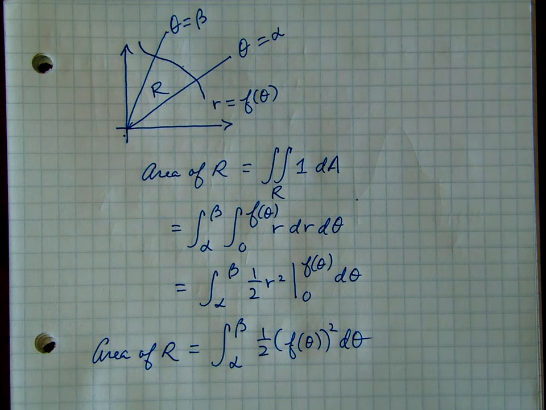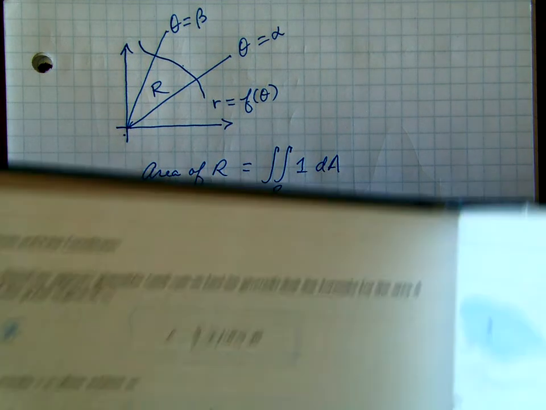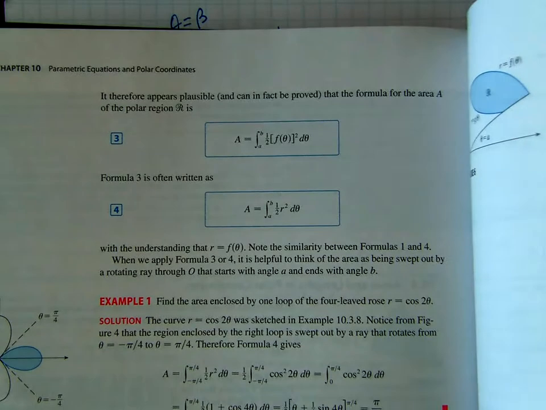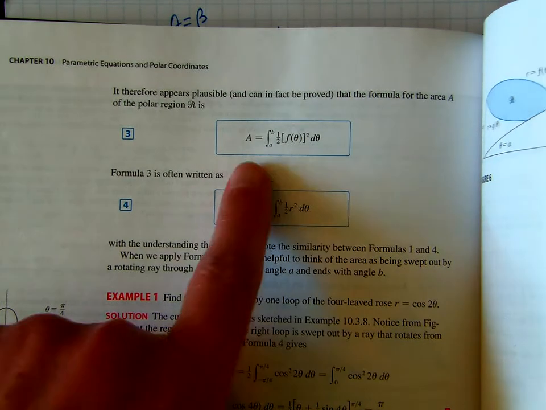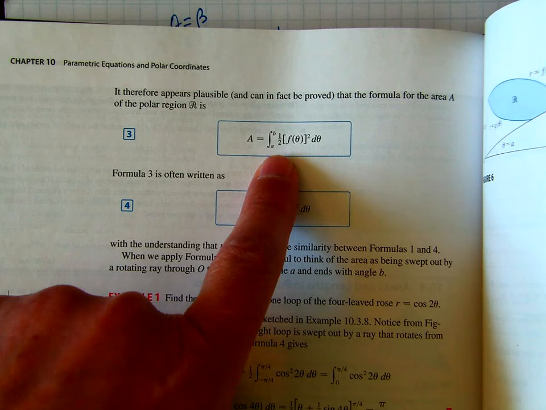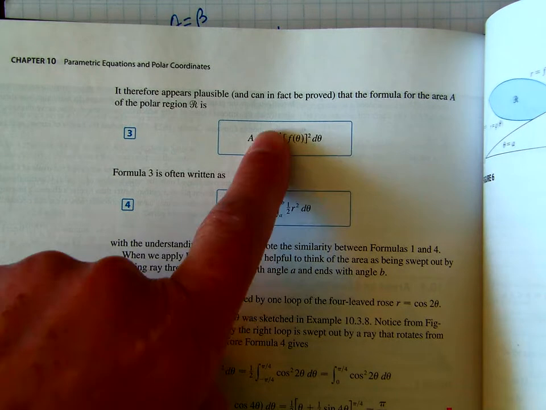Have you seen this before? You should remember having seen this in Calculus 2 because it's the formula back in Chapter 10. The area is equal to 1/2 f of theta squared with respect to theta from alpha to beta.